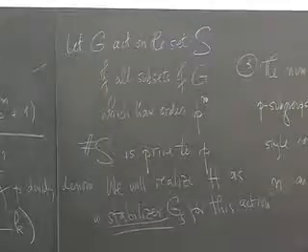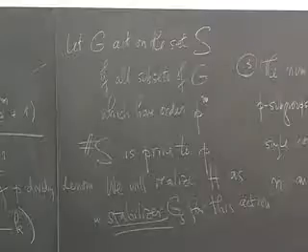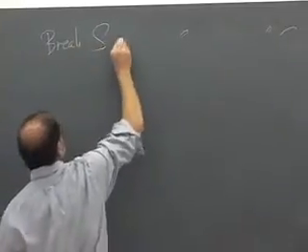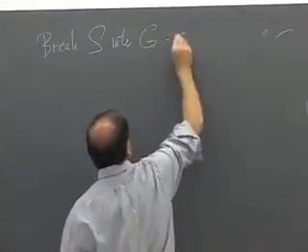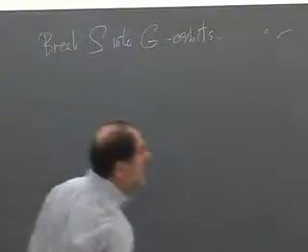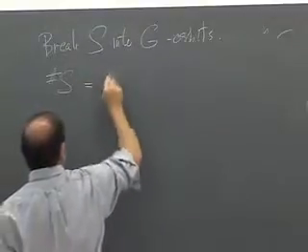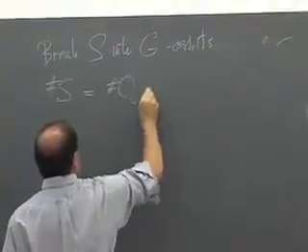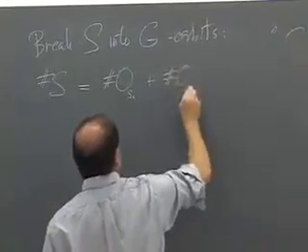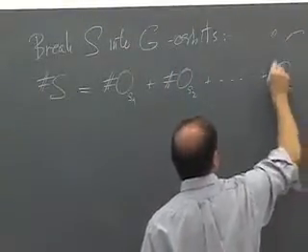Why? Well, we use our usual orbit method to break this action into orbits. This tells us that the number of elements in S is equal to the number of elements in the first orbit plus the number of elements in the second orbit, plus the number of elements in the nth orbit.